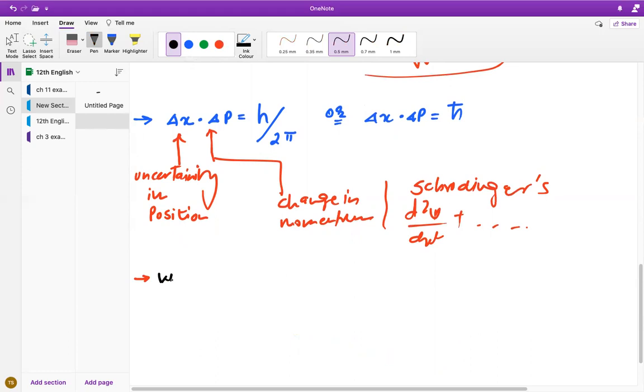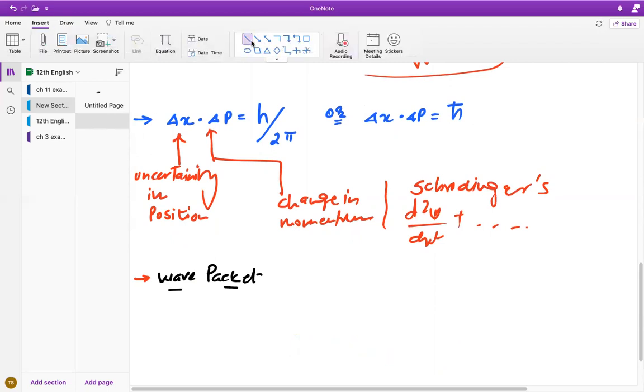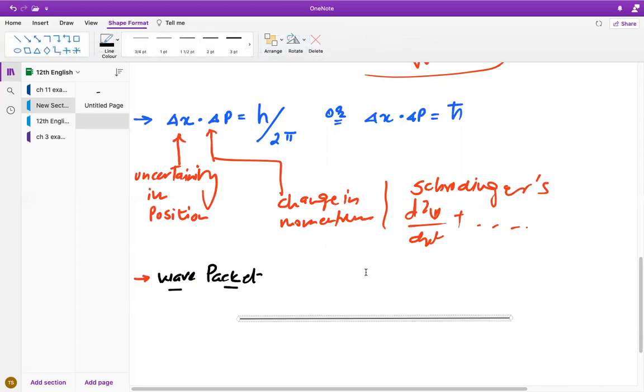It is called a wave packet. It is nothing new; we have already learned it. It is called the superposition principle of our waves.